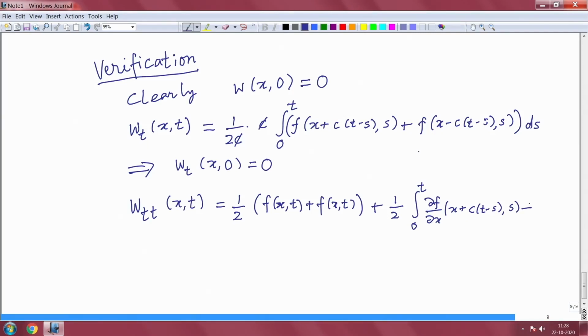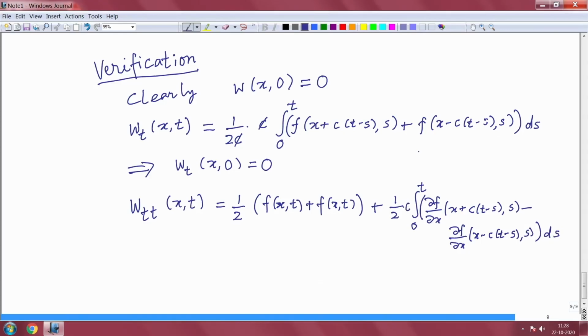So that makes it minus del f by del x, minus c (t minus s), ds, and there is a c coming there.